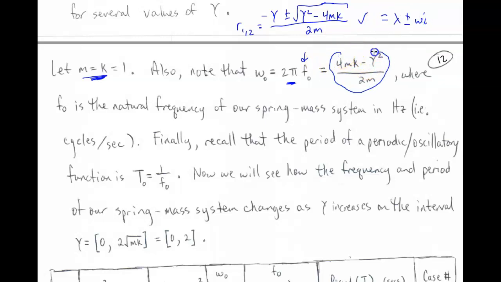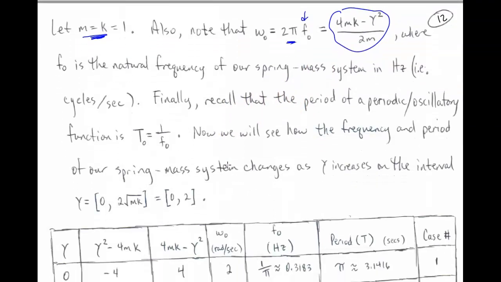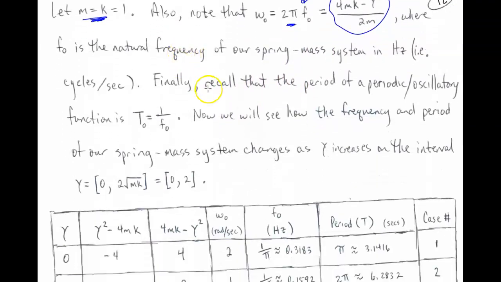And that's what this is. And of course, this will be our natural frequency for our spring-mass system. Okay. So we also want to note that if we know that our frequency is f sub 0, then the reciprocal of that will be our period, meaning how long it will take for the spring-mass system to allow the mass to make one full oscillation. Okay.